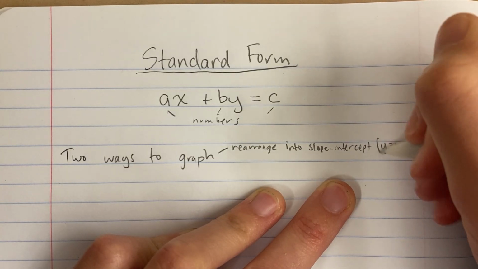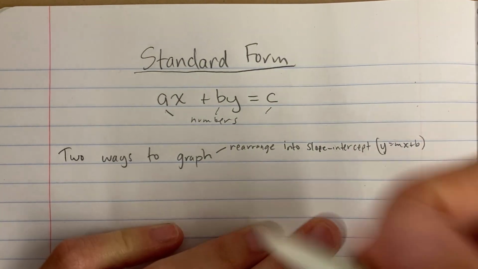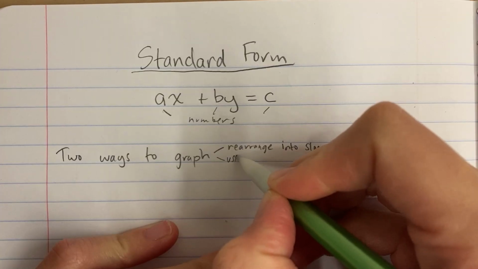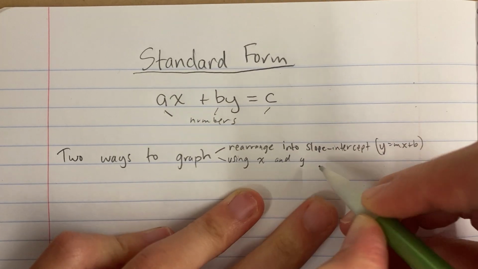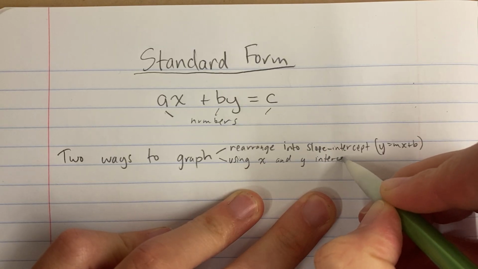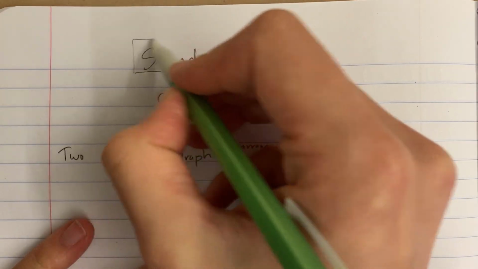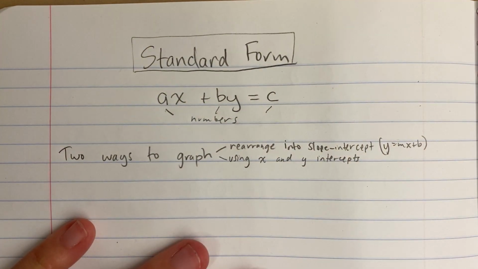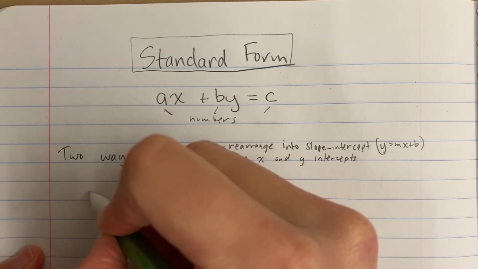That's slope-intercept form, and we know how to graph that. You just reviewed it. So that's one option. The other way is using intercepts, where we use the x and y intercepts. Those are the two things that we're gonna learn in this assignment, but everything that we see is gonna be an equation in standard form like this. We're gonna start with learning how to rearrange.